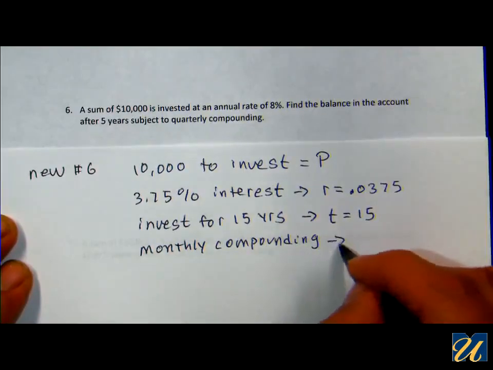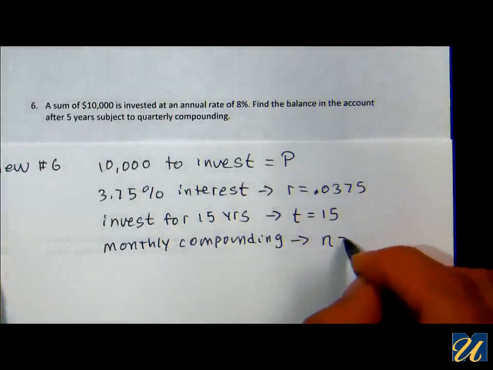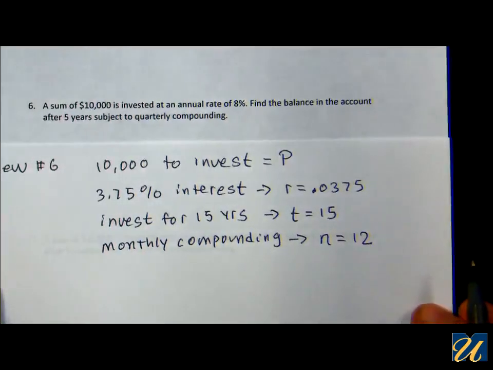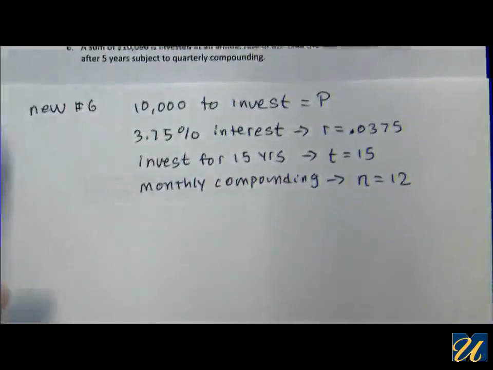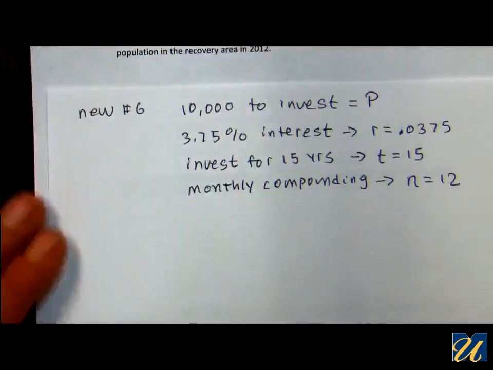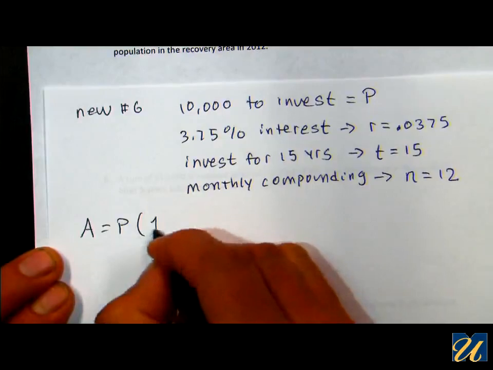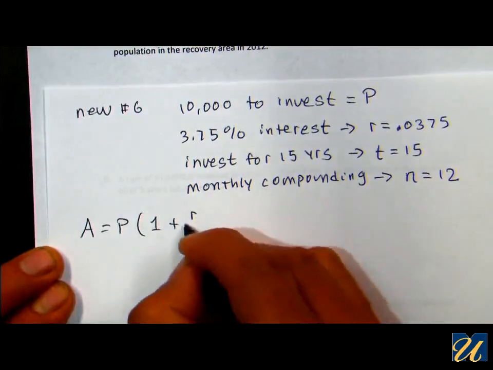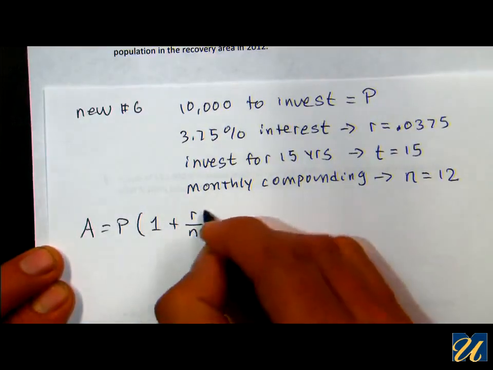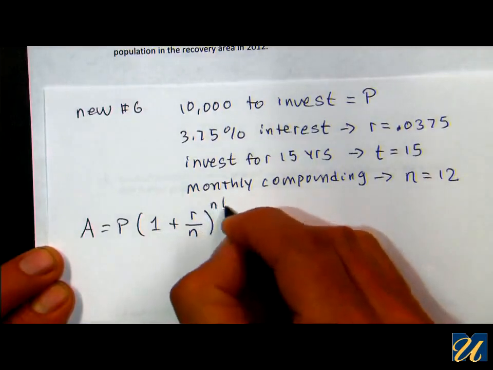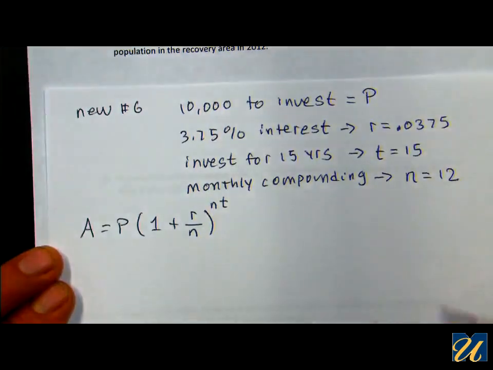Monthly compounding. So that'll tell us the value of N is 12, since there are 12 months in 1 year. So let's get our compound interest formula here. A is equal to P times 1 plus R divided by N, raised to the power N times T. So there's our compound interest formula.